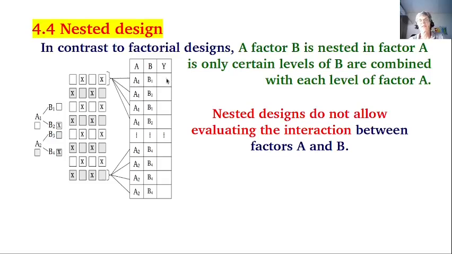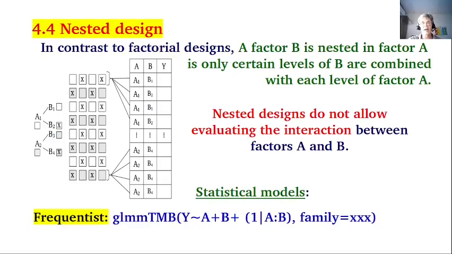Because here in nested designs we don't have every combination of levels of factors A and B, we cannot possibly evaluate the interactions between the levels of these experimental factors. So the statistical models here, using the Frequentist framework, use the command glmmTMB. We are going to have the additive effects of factors A and B, not the interaction, for the reason explained before.